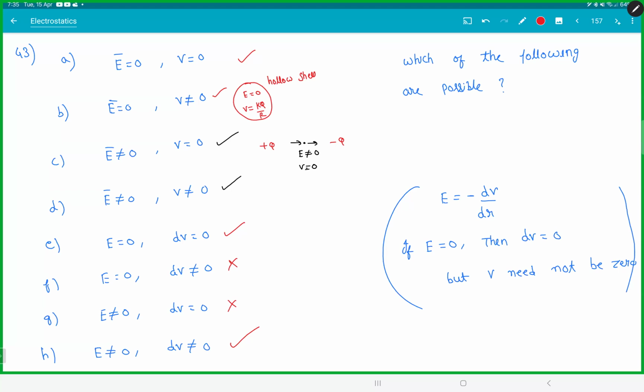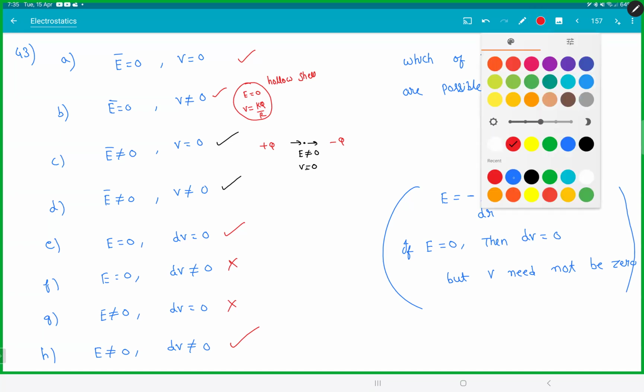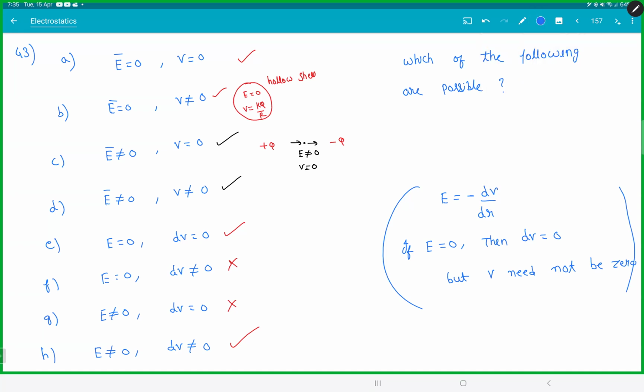Clear? I hope you're getting the difference. V0 and dV0 are completely two different things. Next one.